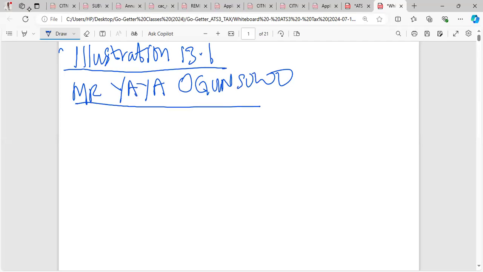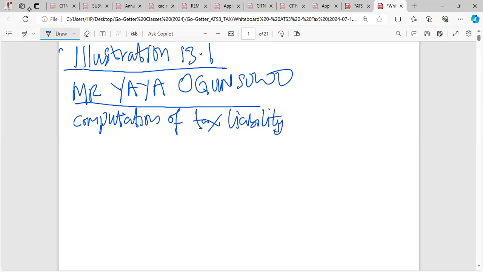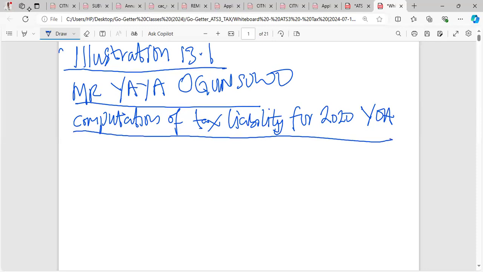This is computation of tax liability for 2020 year of assessment. So that's it. We are now going to do one naira sign here, do another naira sign here, and that's it.